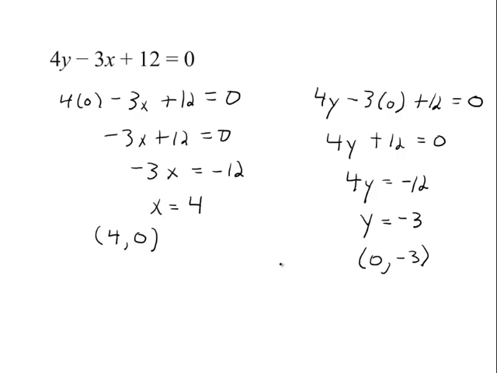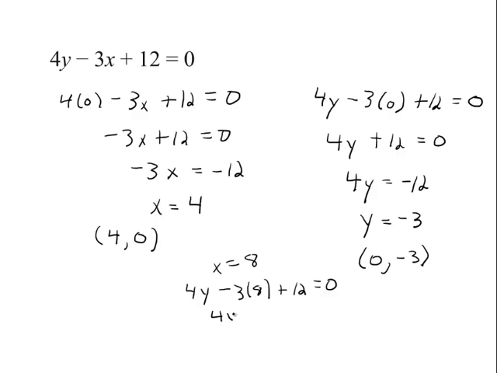To get the third point, we pick an x and then we solve for y. I'm going to let x be equal to 8, something that is divisible by 4. So the equation becomes 4y minus 3 times 8 plus 12 equals 0.